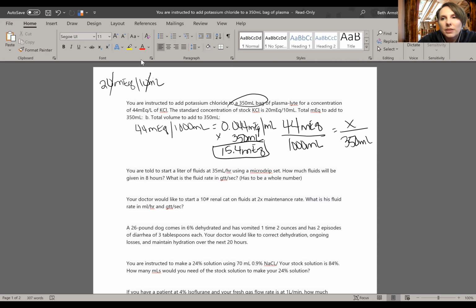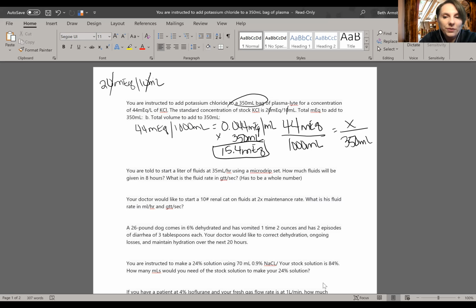Does that make sense? It's like going back to simplifying equations, where you cross out the zeros you don't need. Maybe like 4th or 5th grade math. I don't remember. So long ago for me. So now that makes it easier to work with. Now we have 2 milliequivalents per mL.